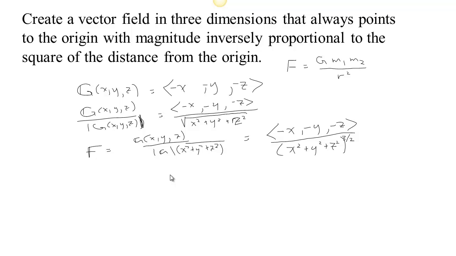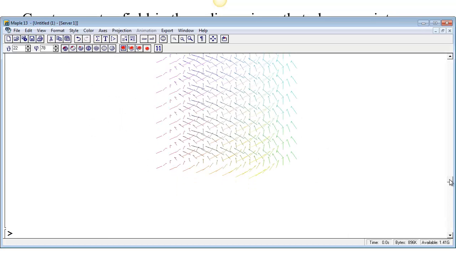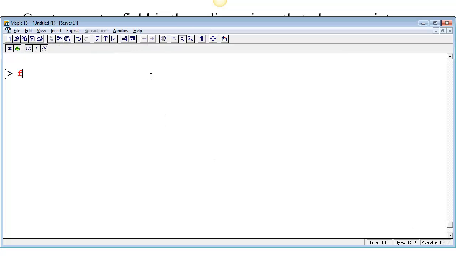Let's just plot it really quick in Maple just so that we can look at it. Again, we can use the command fieldplot3d. So our vector field is, let's see, we had negative x over x squared plus y squared plus z squared to the 3/2 power, and then all the other terms were basically the same.